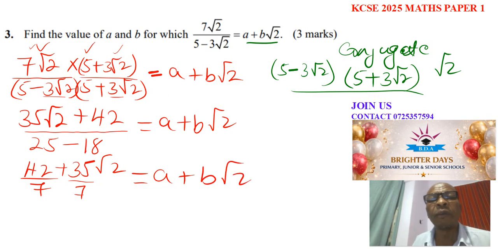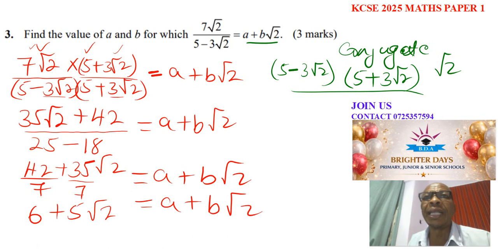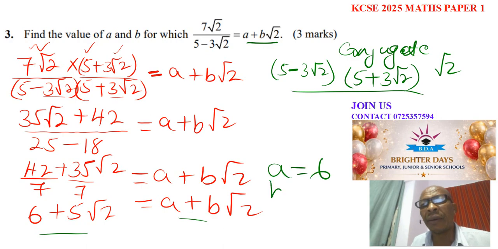So 42 divided by 7 gives us 6, then plus 35 divided by 7 gives us 5 root 2, which is equal to a plus b root 2. Since the left hand side is equal to the right hand side, it means a is equal to 6 and b is equal to 5.